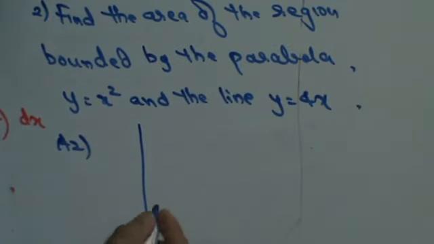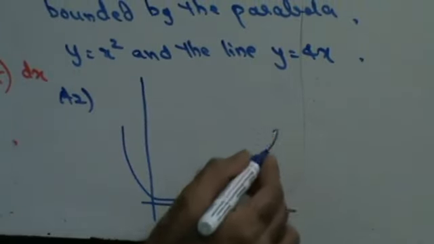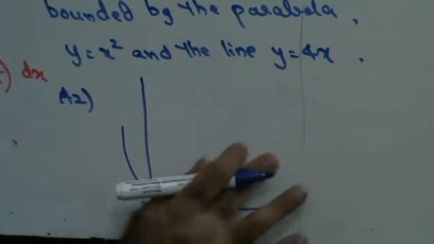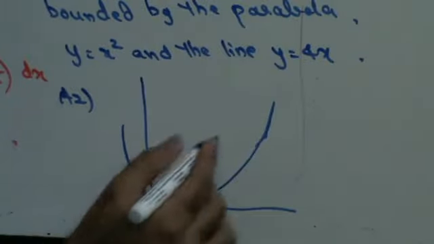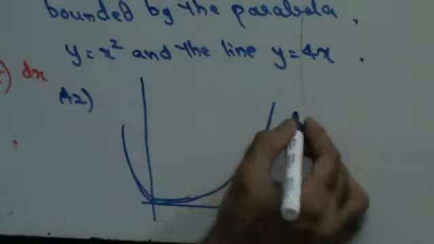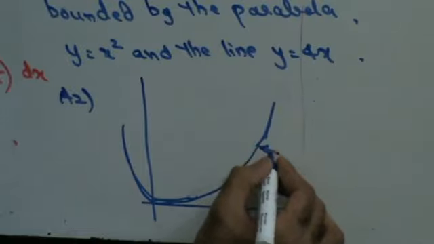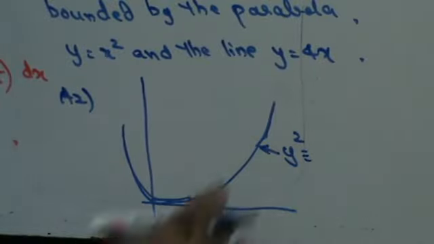I need a parabola. So what we will do is, let's just draw any parabola for the timing. This is my parabola that is passing through the origin. So let's assume that the equation of this parabola is x square is equal to y.